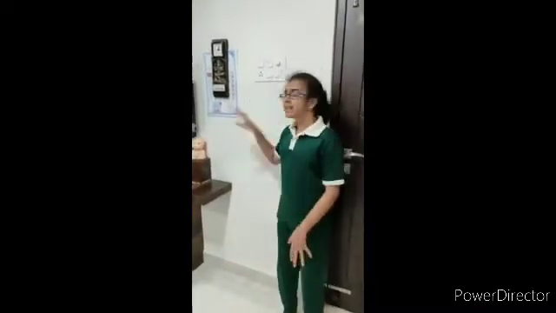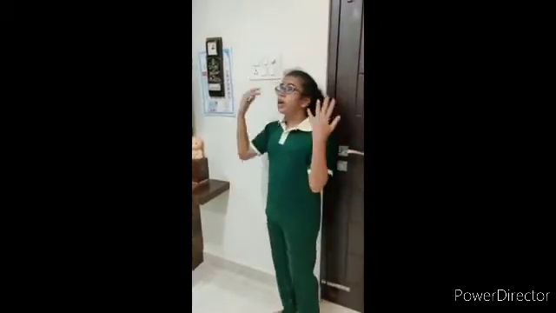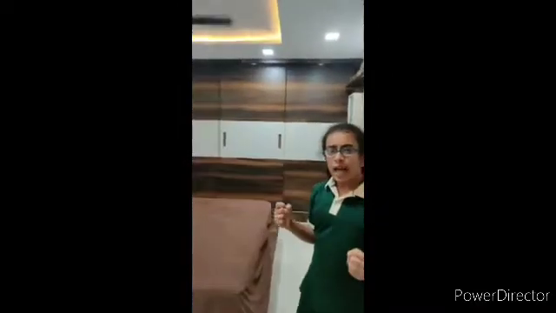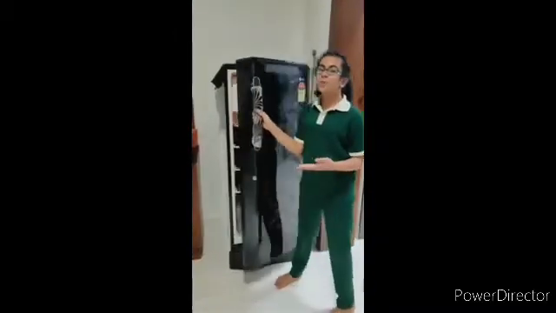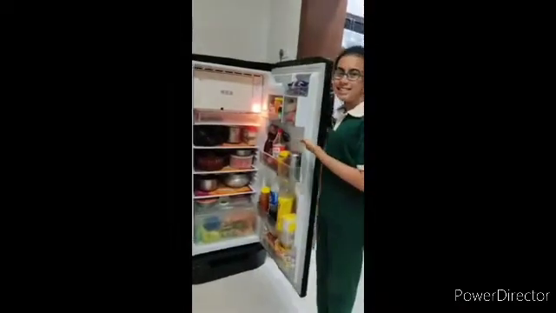For example, at the touch of a switch, we can make an electric bulb which produces glow and light. Electricity is also used to run fans and air conditioners which make our life cool and comfortable during hot summer days. The refrigerator in our home also works with electricity.